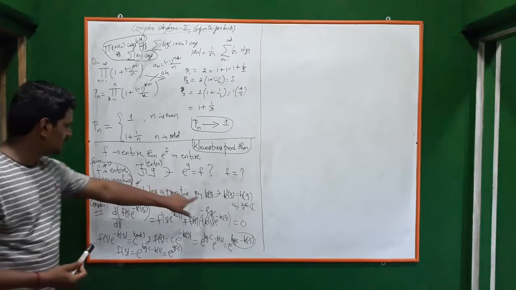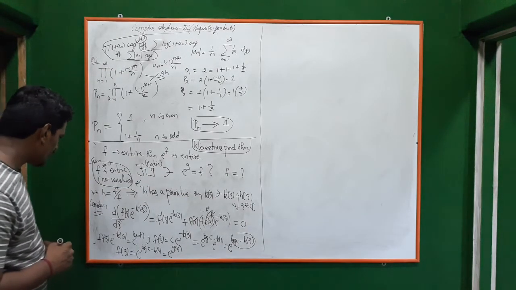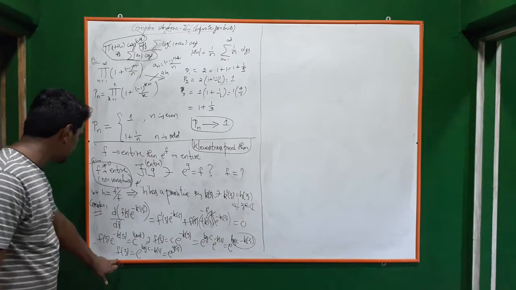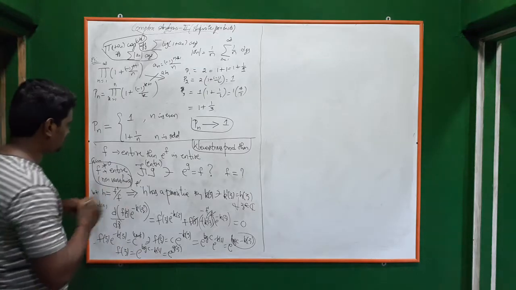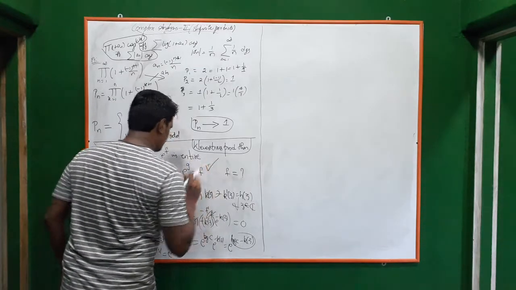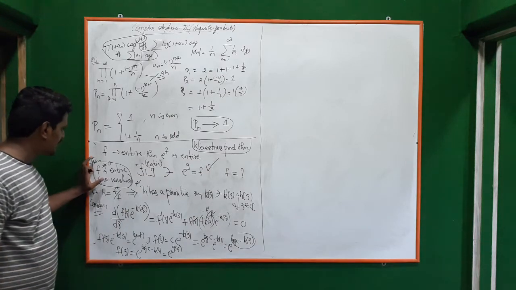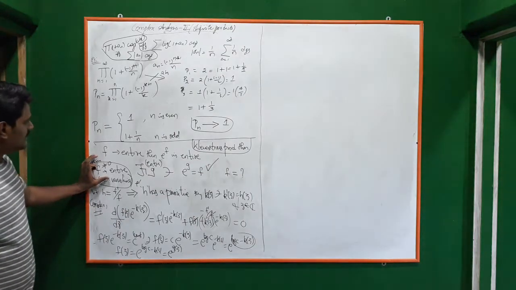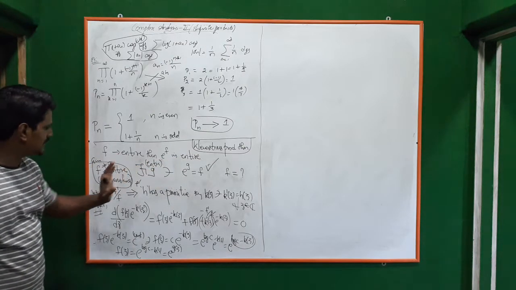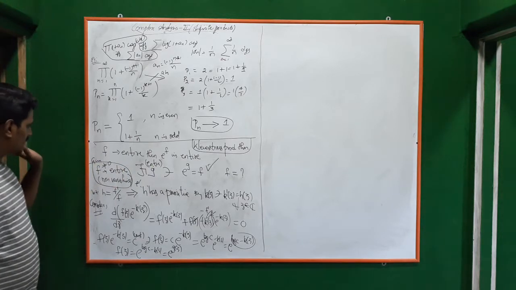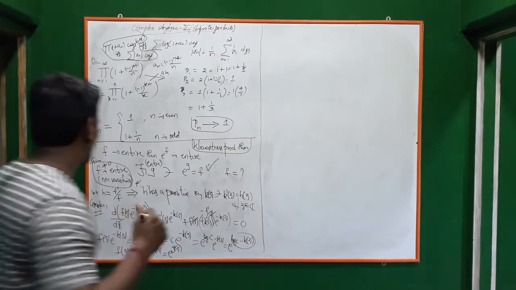So f is written as e power g of z, where g is an entire function. This is true always. So whenever an entire function which is not vanishing anywhere is given, we can always find an entire function such that e power that entire function is the given function. Remember this. Then consider this.